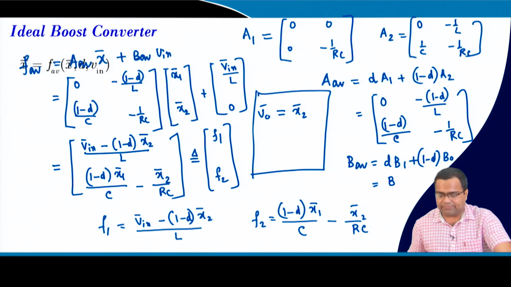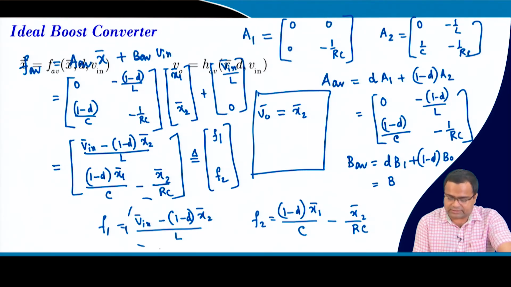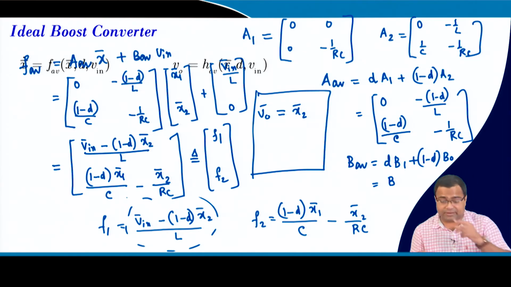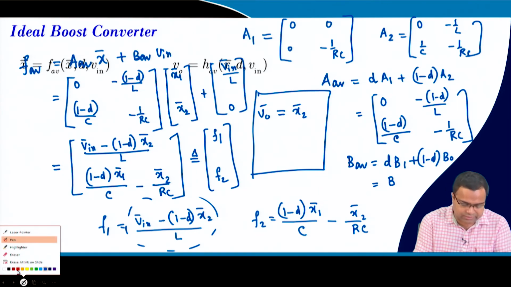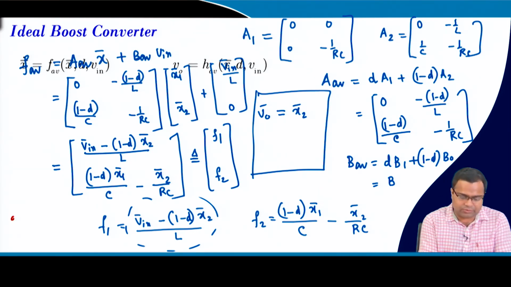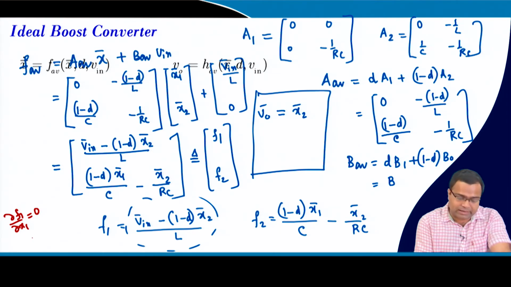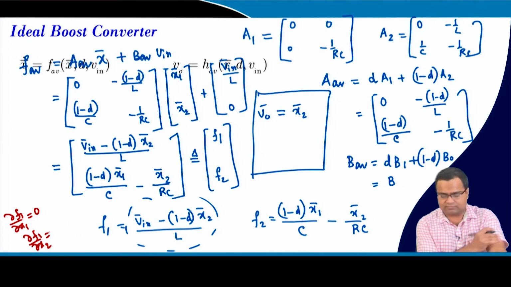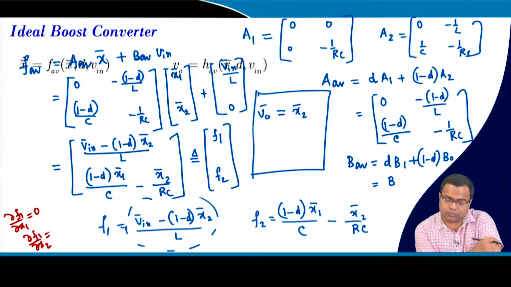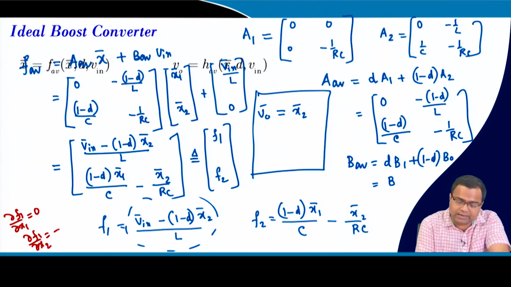So, what is my F1? You can say this is my F1. That means if I differentiate with respect to x1, it will be 0, right. So, my dou F1 dou x1 is simply 0. What is my dou F1 dou x2? Dou F1 dou x2 is simply minus 1 by L, correct.